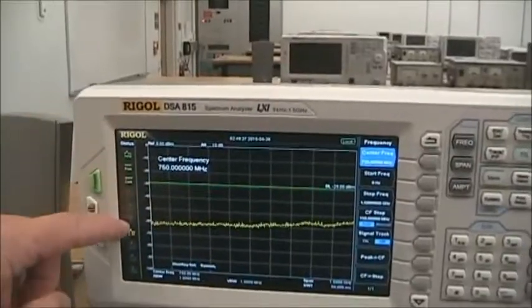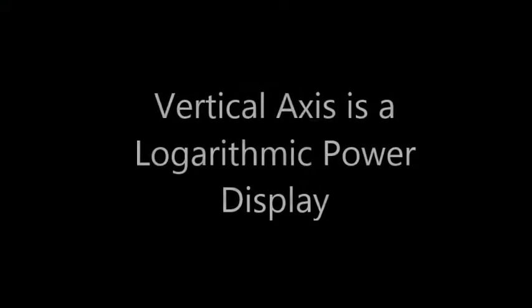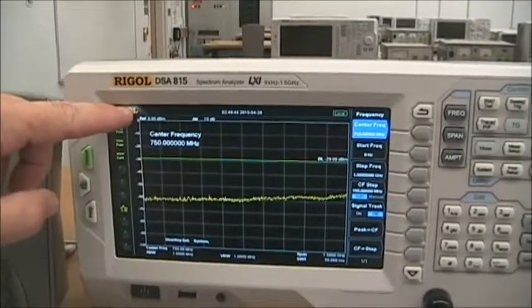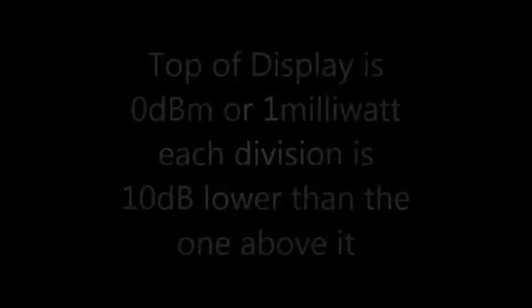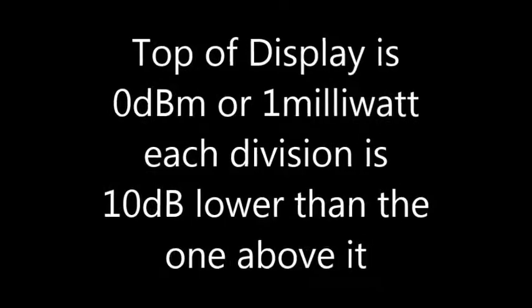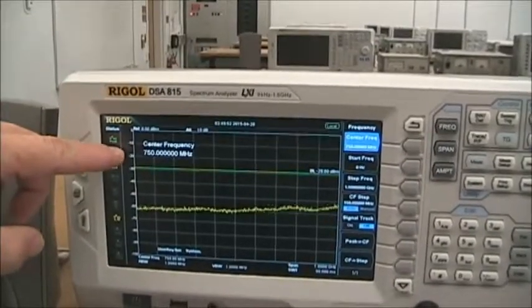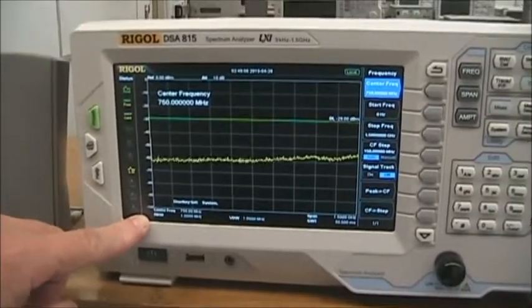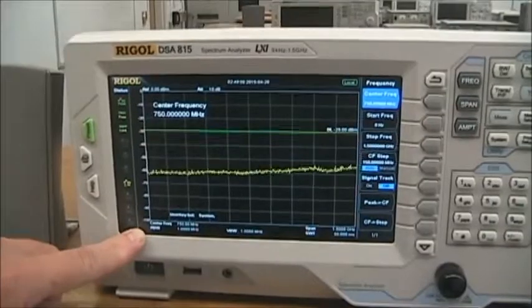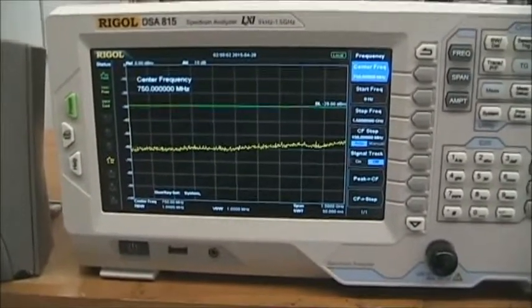The vertical axis is a logarithmic power display with 0 dBm at the top and each division minus 10 dB. So minus 10 dBm, minus 20 dBm, all the way down to minus 100 dBm. Minus 100 dBm is a very small value of 1/100th of a picowatt.